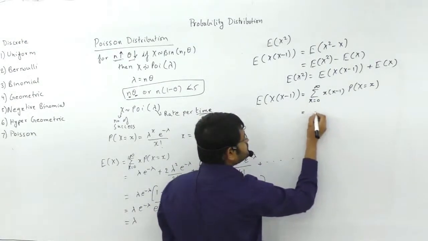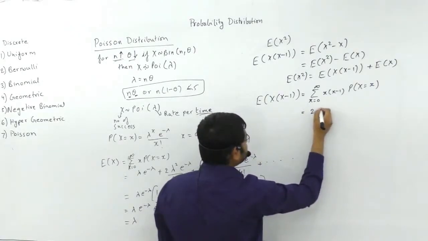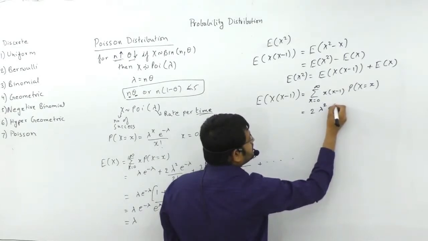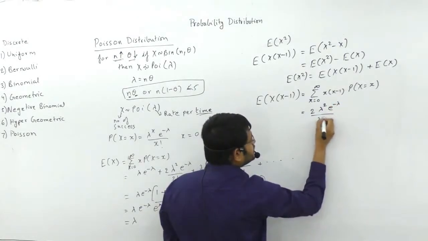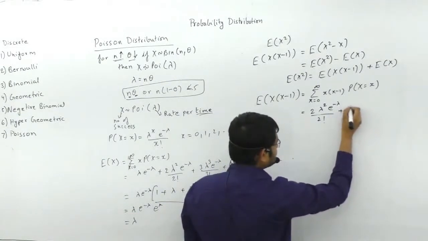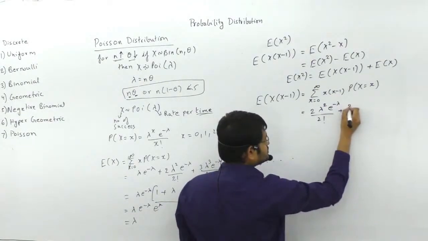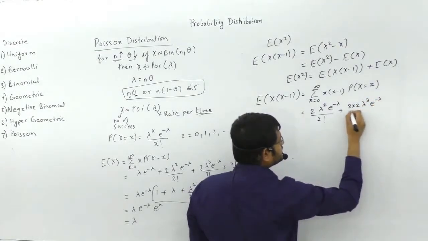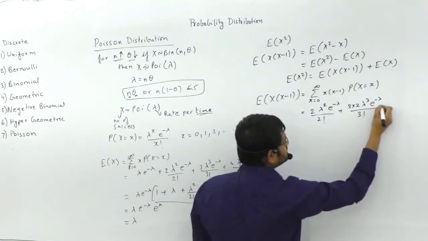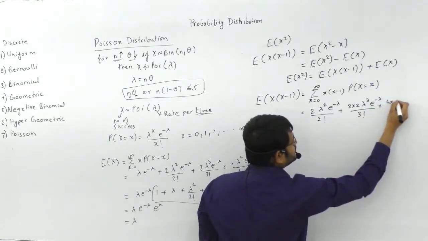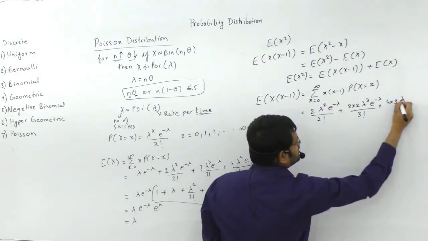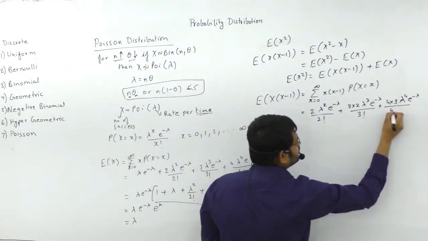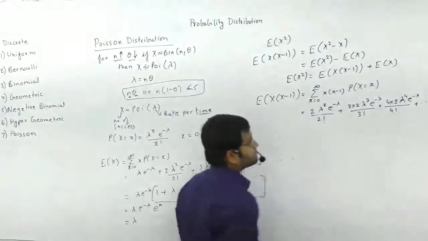So for x equals 2, we'll have 2 into the probability, which is lambda square e raised to minus lambda by 2 factorial. Then plus for x equals 3, 3 into 2 lambda cube e raised to minus lambda by 3 factorial, plus 4 into 3 lambda raised to 4 e raised to minus lambda upon 4 factorial, and so on.